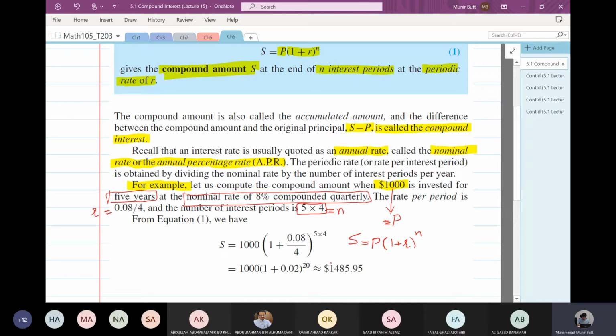Then you just simplify and you will get this answer. So after 5 years you will have 1485, but currently you have 1000. So after 5 years you will have this compound amount with the interest of 8% annually.